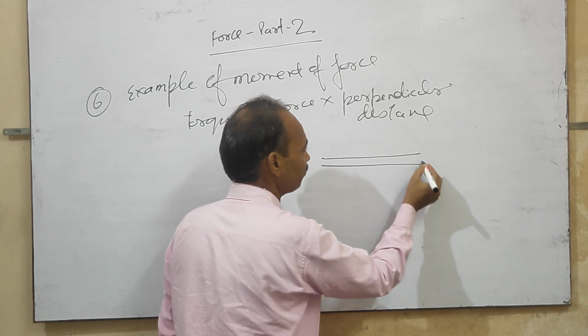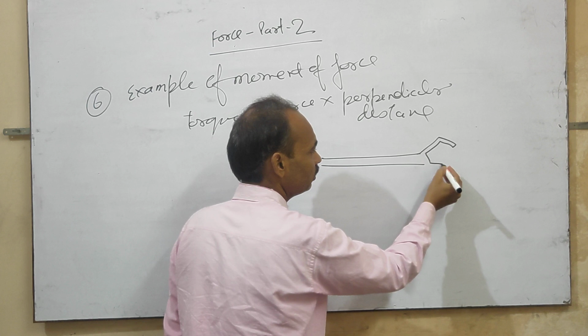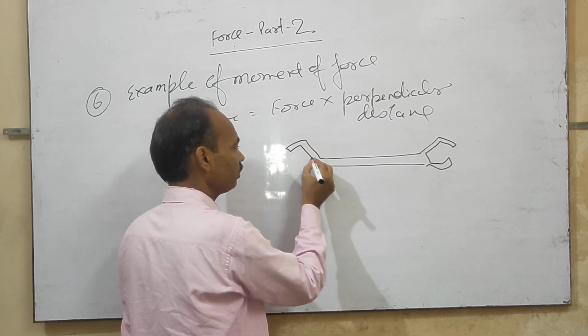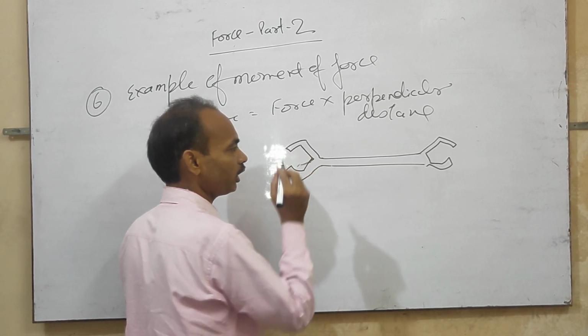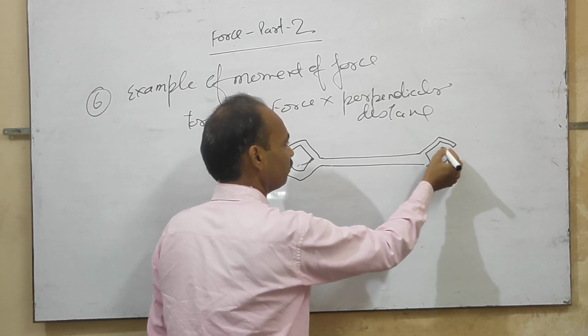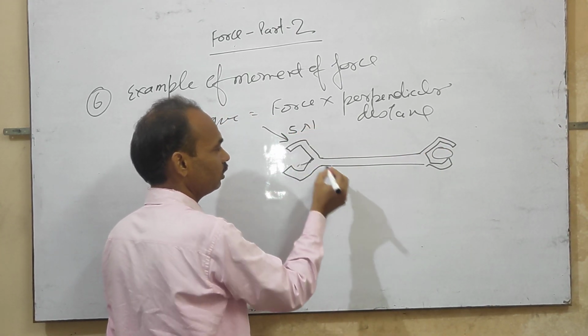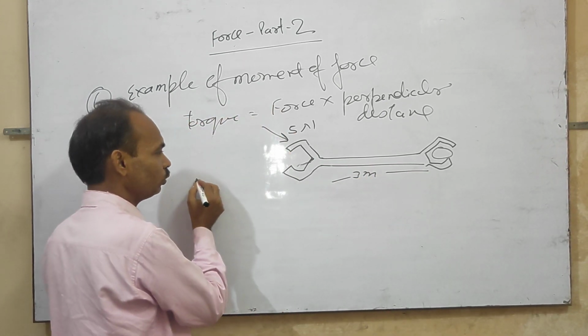A spanner is a type of wrench used in a vehicle to open the nut, and it has a long handle. The long handle makes it easy to get more torque. If you apply a force of 5 Newton at this point and this distance is 3 meter, then what is the torque?